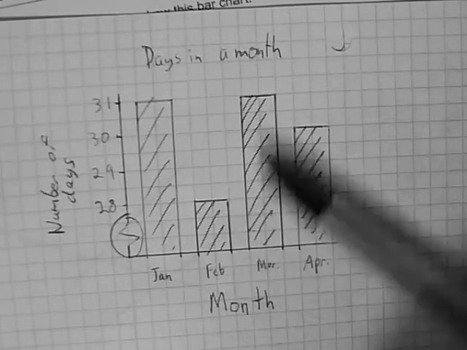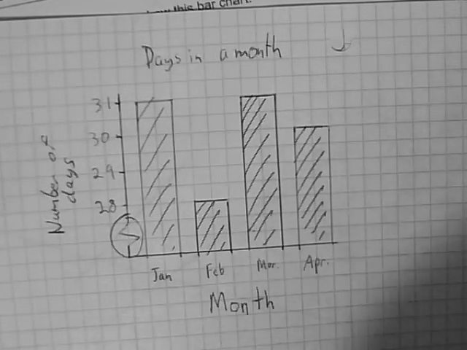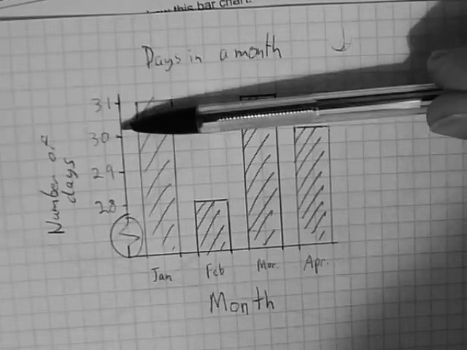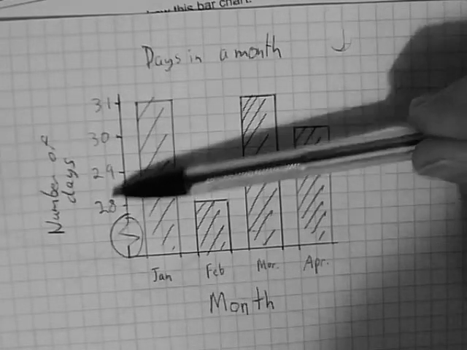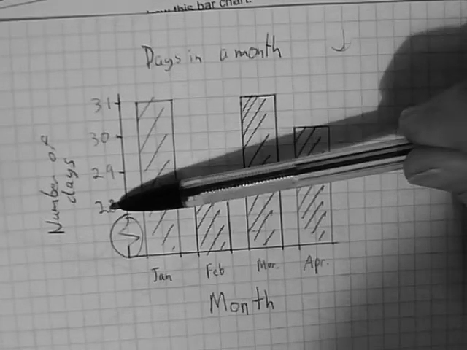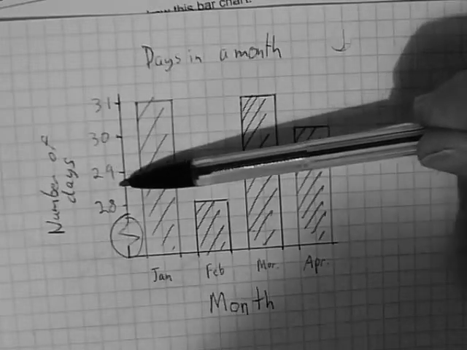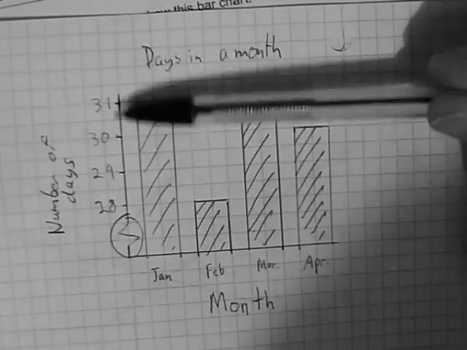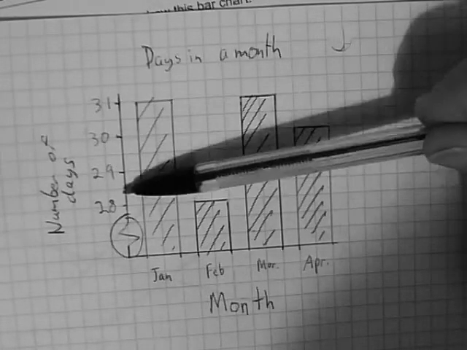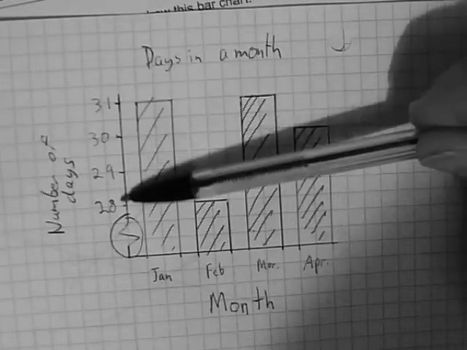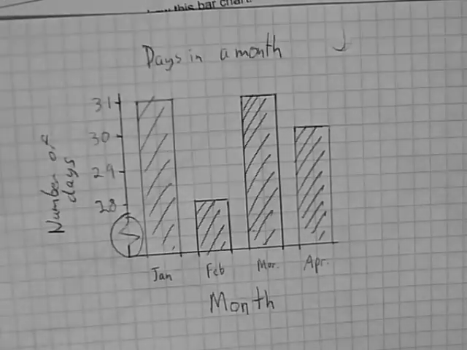I can see 31, 28, 31, and then 30. Another thing to note, you don't need each additional number to be at the next square along. You can leave more than one square as long as it's always the same distance between. So that's question 2, again for 3 marks.